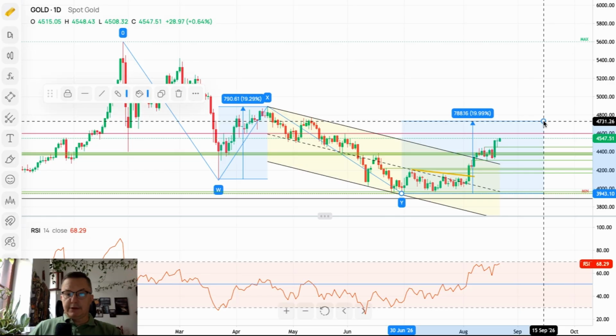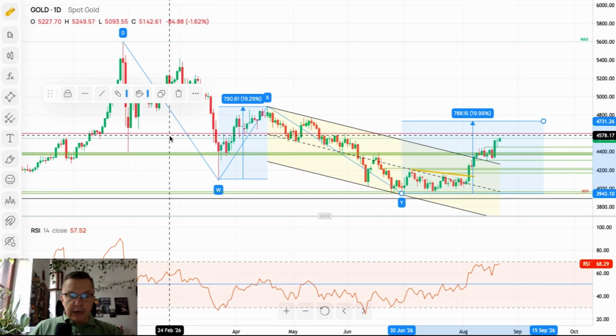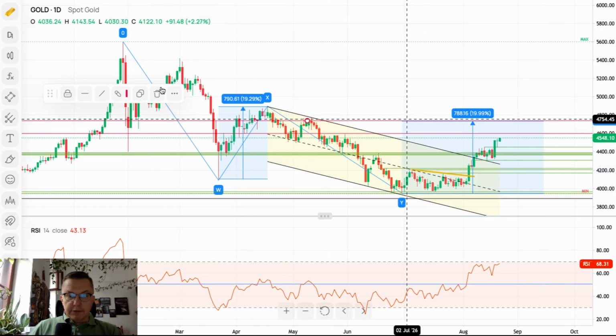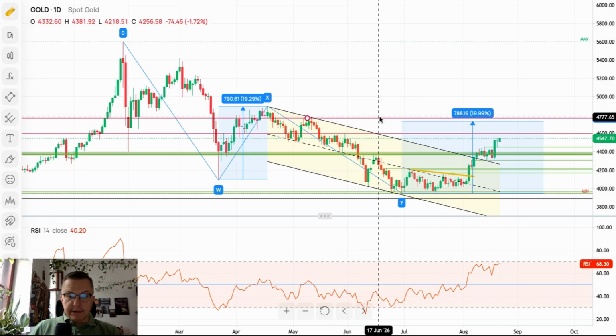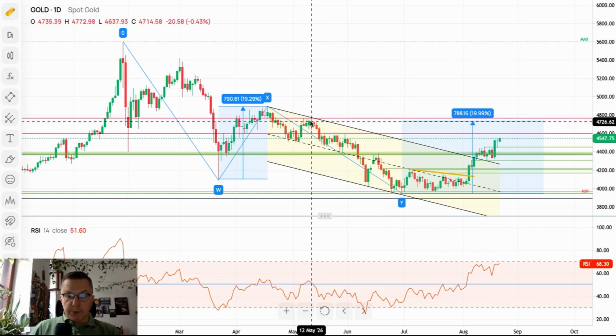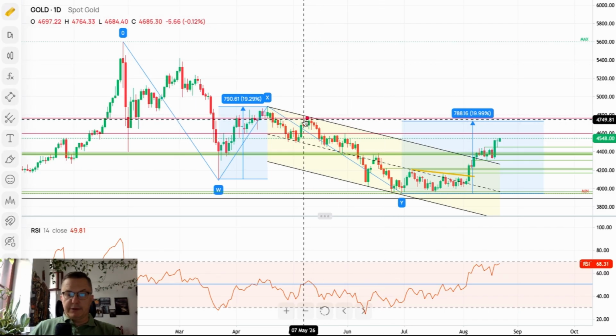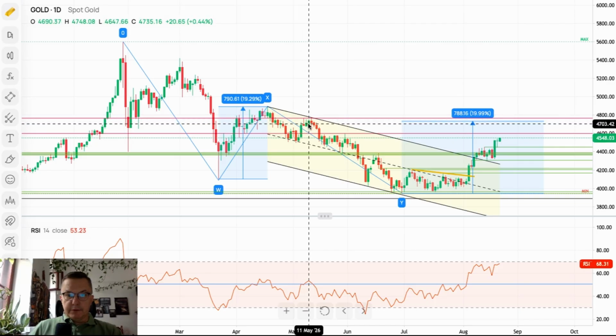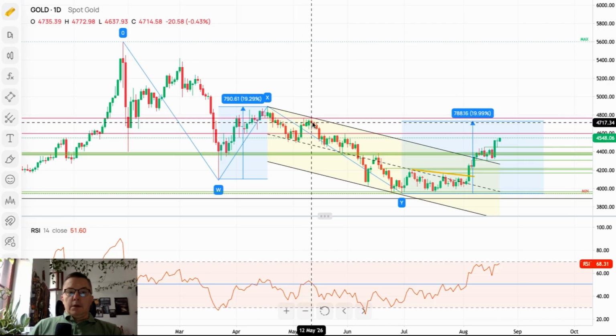is roughly around here. So we need to target this level here. We need to break above this swing high from the beginning of May, roughly 4,773.